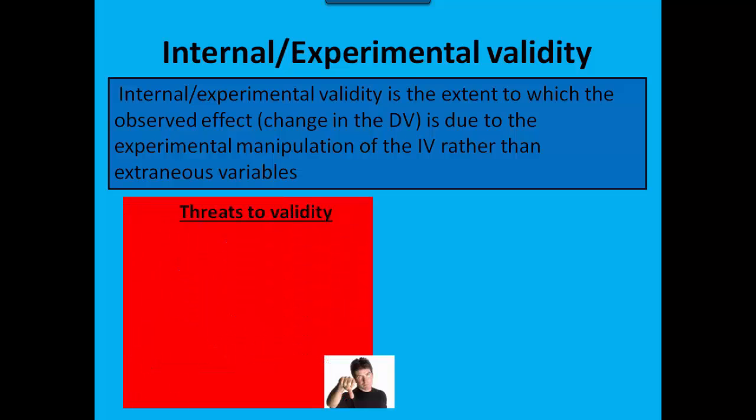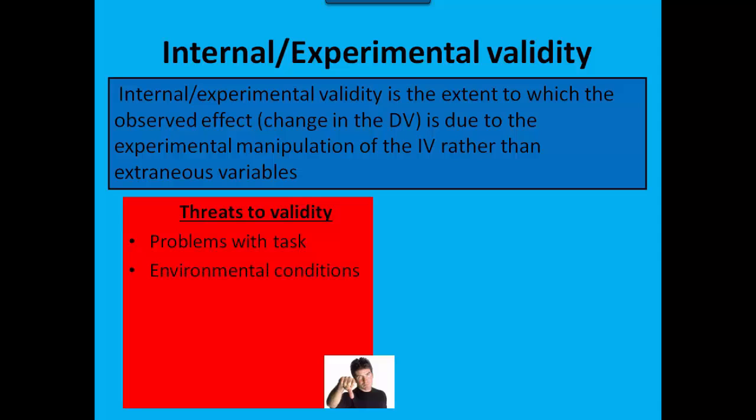There are several specific threats to internal validity with experiments. Firstly, problems with the task. If the task isn't conducted in exactly the same way in the two conditions, then any difference in performance between the two groups may have been due not to the IV that we're manipulating, but due to the differences in the way the task has been performed.